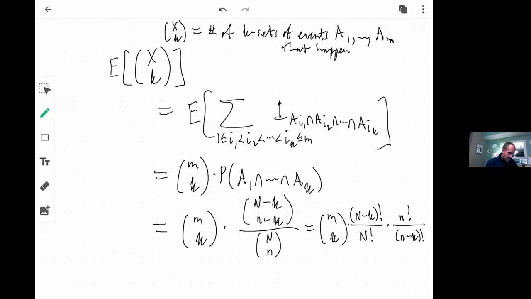Do you remember we had a notation for this, where I cancel everything from n minus k on down? That was called n falling k. Just to remind you, m choose k times little n factorial over little n minus k factorial, that's n falling k.